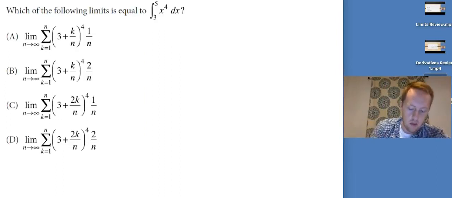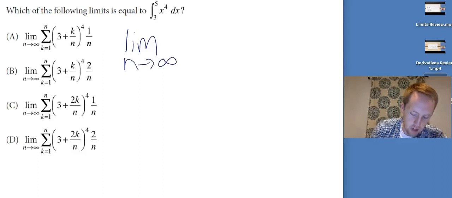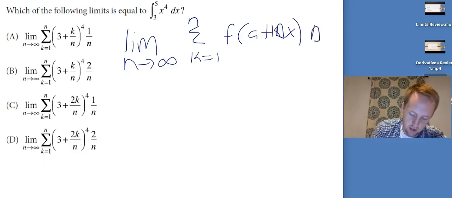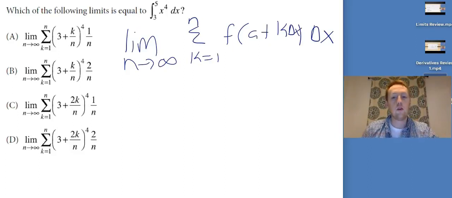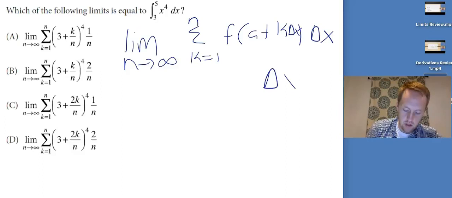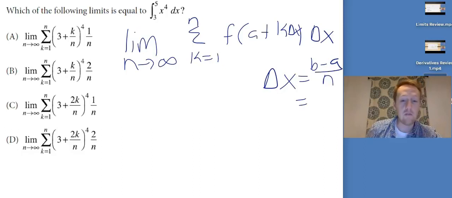So remember, the integral is the same as the limit as n goes to infinity, the sum k equals 1 to n of f of a plus k delta x, times delta x. The way we get delta x is b minus a over n. For us, that's 5 minus 3, or 2 over n.